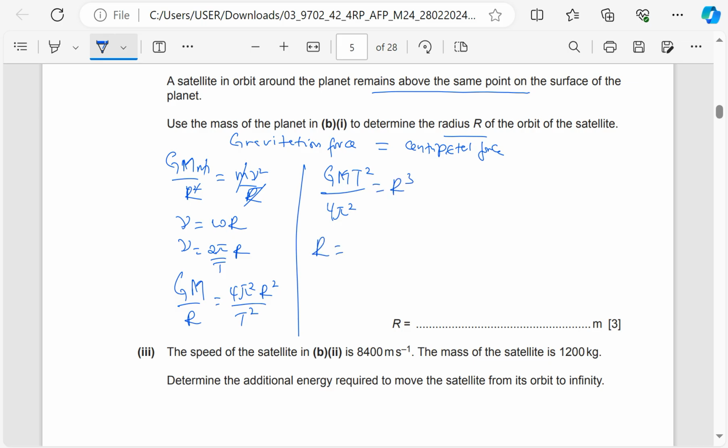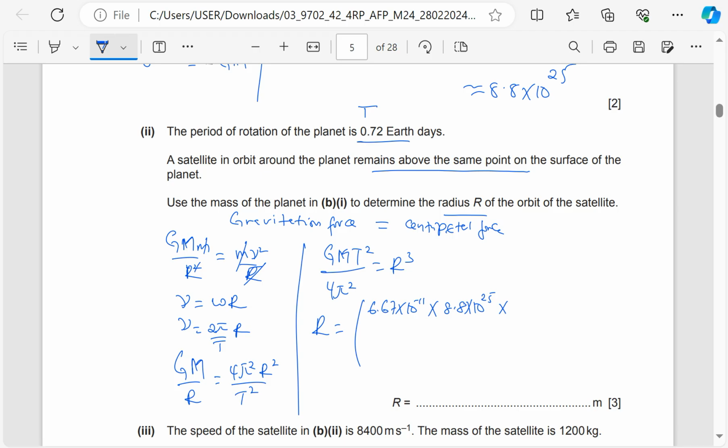So r is going to be equal to the cube root of G, which is 6.67 times 10 to the power of minus 11, times M, which is 8.8 times 10 to the power of 25, times the period, which is 0.72.